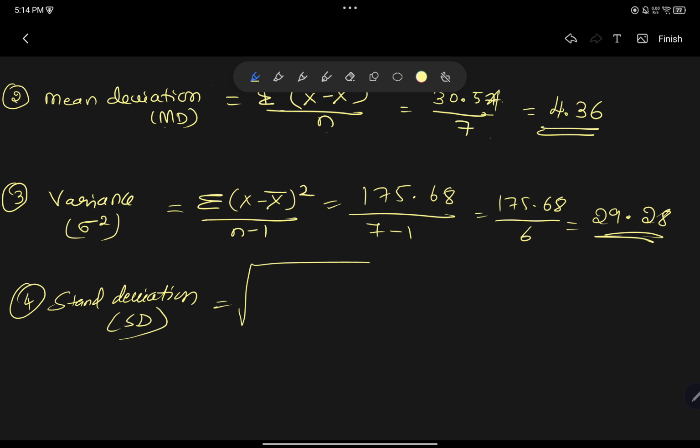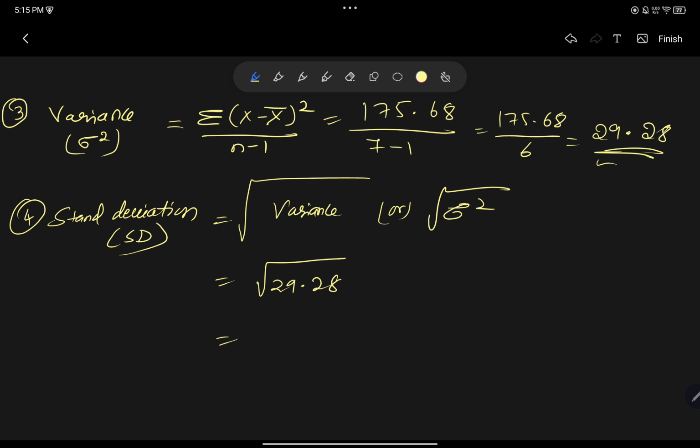The formula is square root of variance, or square root of sigma square. We have already got the variance. Square root of 29.28 is 5.41. You got standard deviation 5.41.